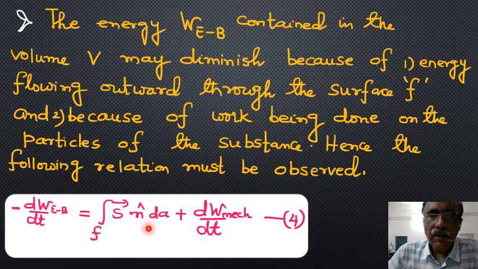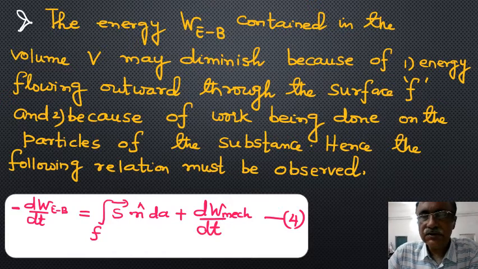Hence, in the initial stage we must establish a relation of the following form: minus d by dt W_EB, which is the rate of decrease of the electromagnetic field energy, is equal to the energy flowing outwards through the surface F, given by the integral of S dot n dA, plus the energy being expended in doing work on the charged particles of the substance.